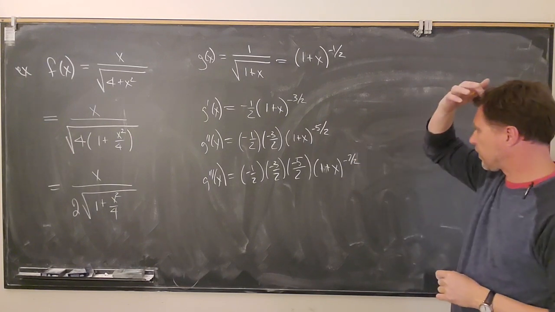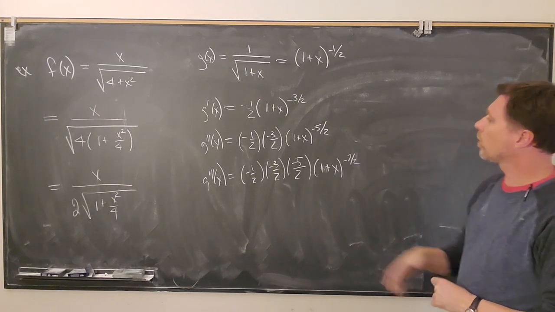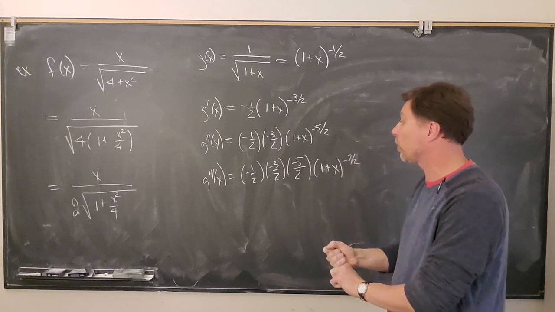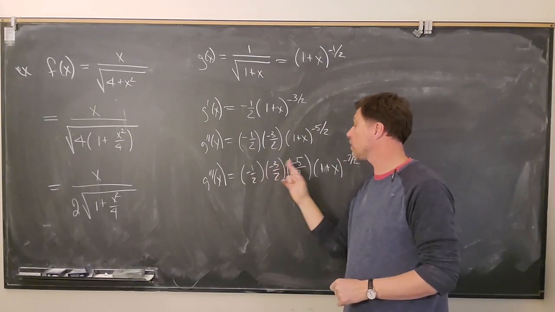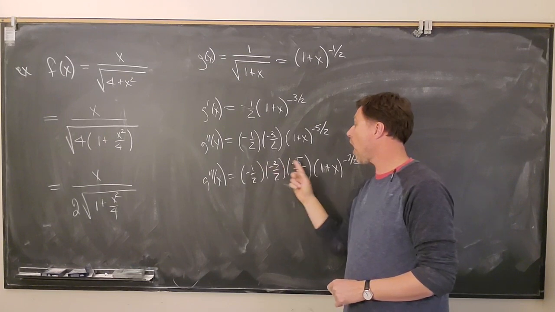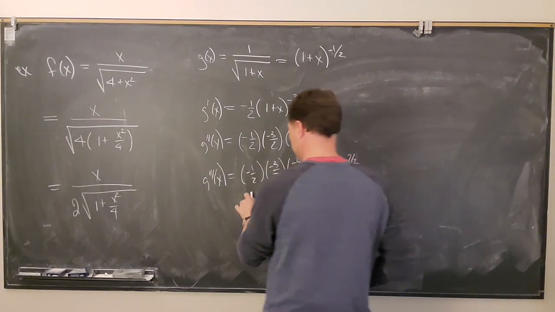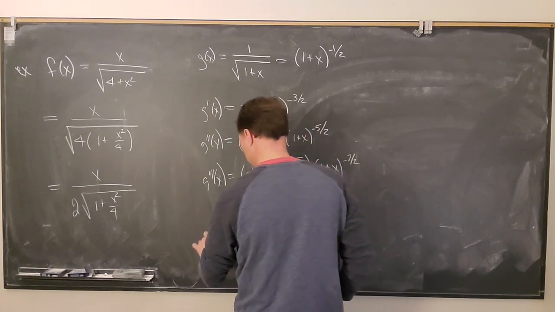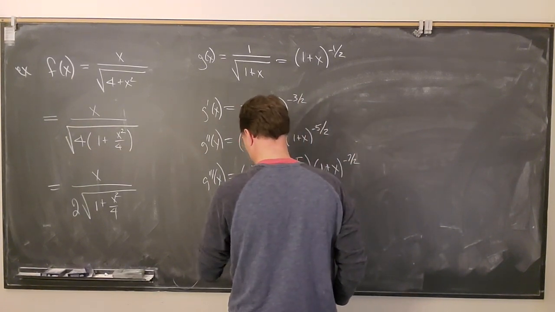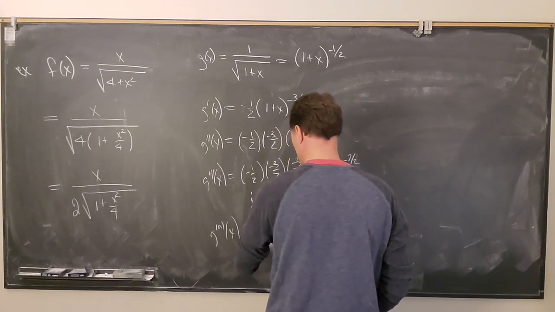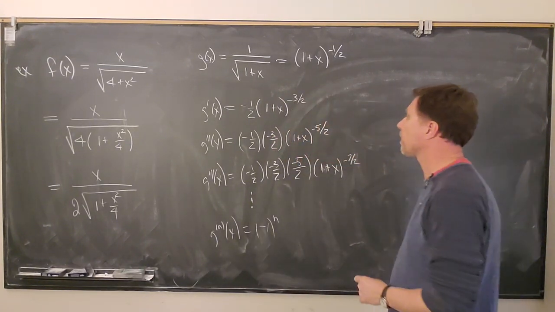So let's see if we can figure out what's happening here. We're multiplying fractions. It kind of looks factorial-like, except it's not quite factorial. Instead, what we're multiplying up in the numerator are odd integers only. So let's see if we can write down the general formula here. For the nth derivative, yes, it's alternating, first of all, so there's a minus 1 to the n.